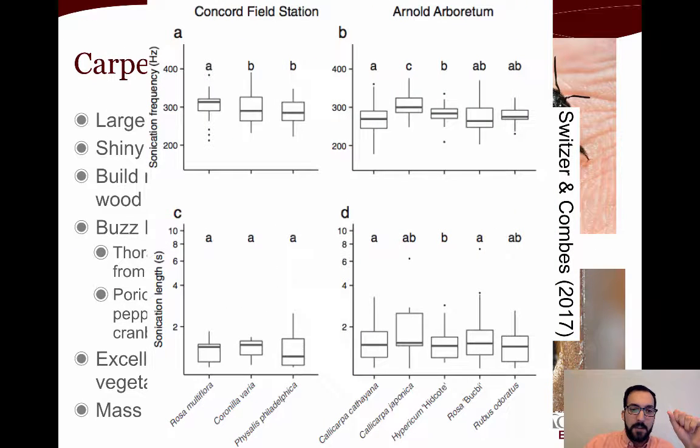So here on the very bottom, we see different species of plants, and depending on the plant the honeybee is on, sorry, my mouse is not showing up on the screen right now, so I can't highlight, but depending on the plant that it's on, it'll vibrate at a different frequency and for a different length of time.